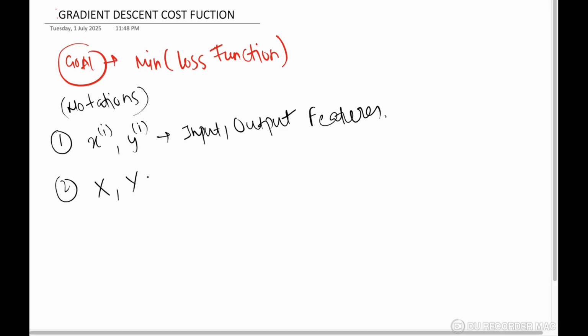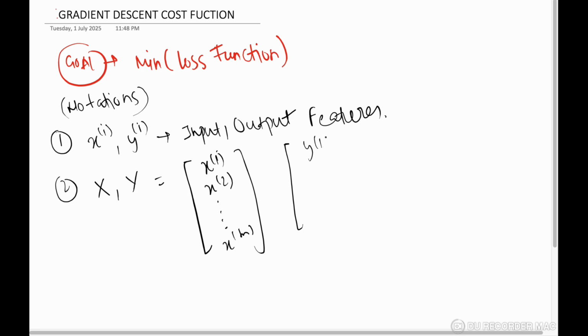The capital X and capital Y would be our spaces for them. These are column vectors. So x1, x2 till xm, and y would be y1, y2 till ym.